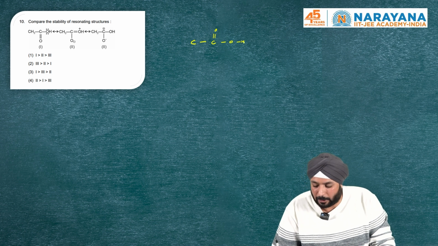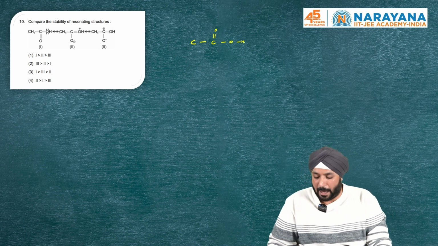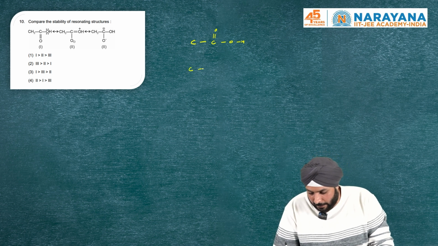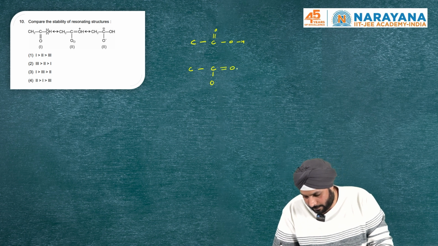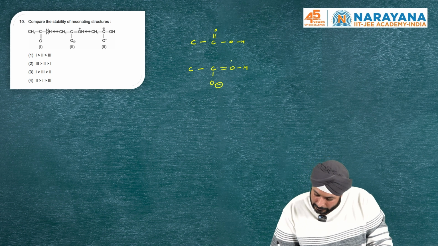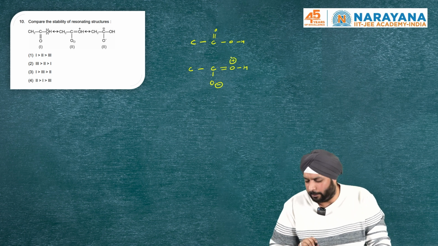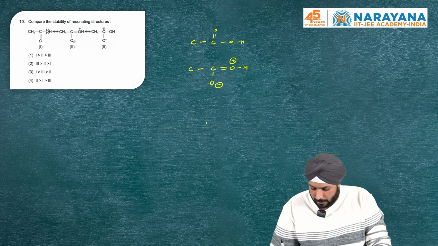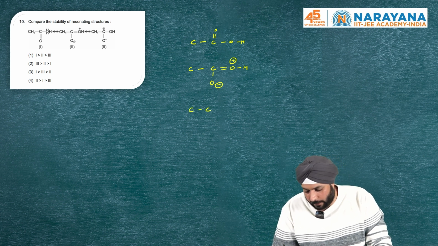In this molecule, it is completely neutral and has more number of bonds, right? And then you have this particular structure which has some charges over it. The number of bonds are more only. And in this molecule, the number of bonds is very less.